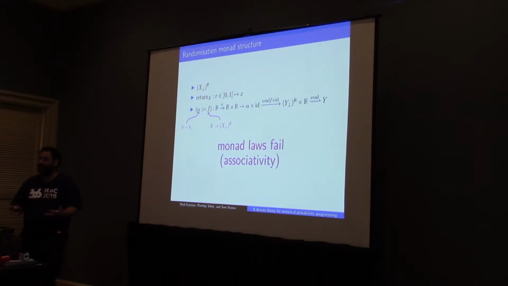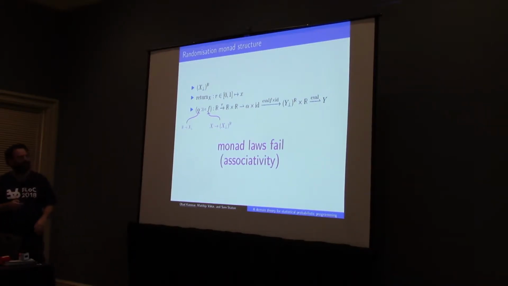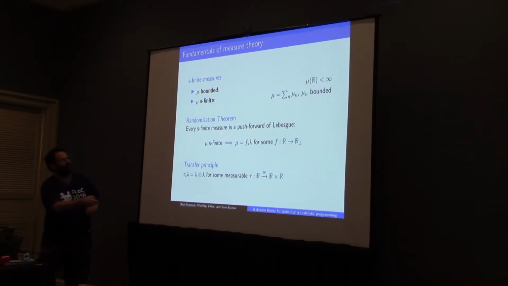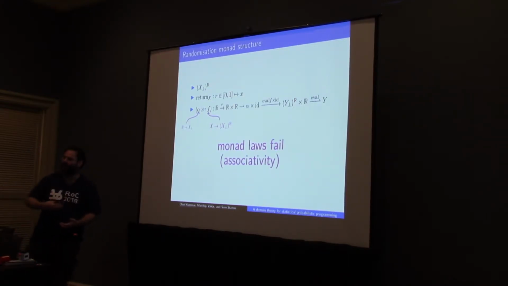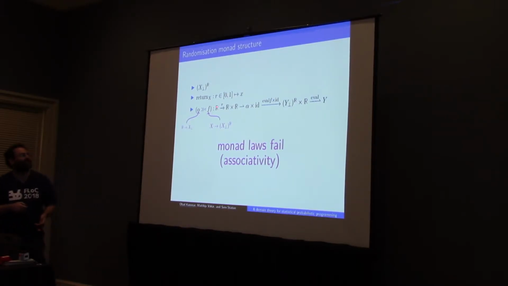What's nice about omega QBSs is that they let us express this internally in the category. Here we had to talk about functions at the meta level, but here we can actually talk about randomization as a space, the space of all those randomizations, that all the randomizations form a quasi-Borel space. So what's a randomization?